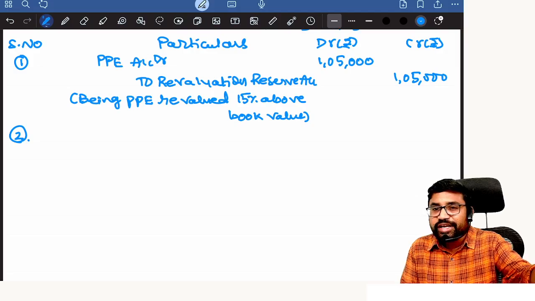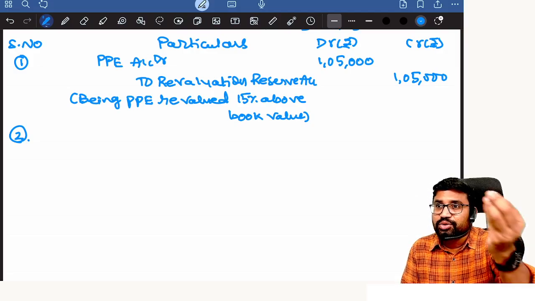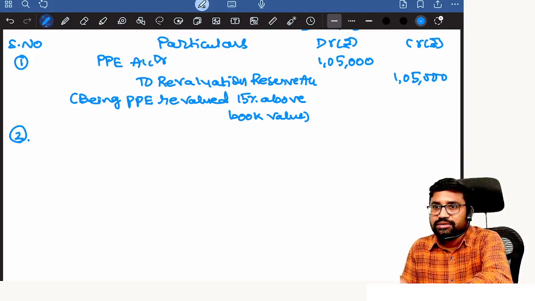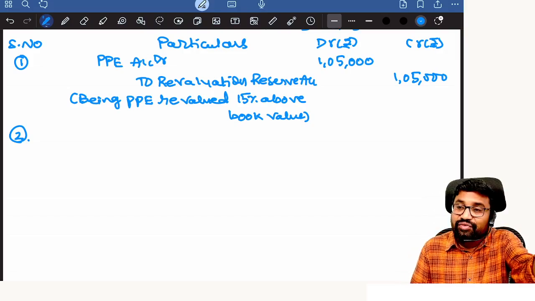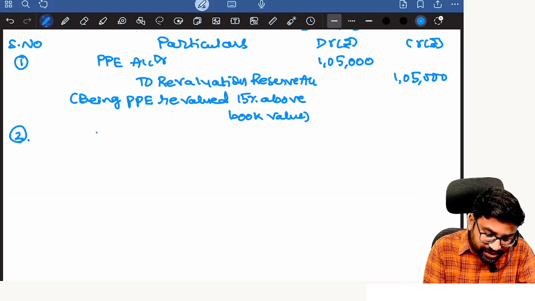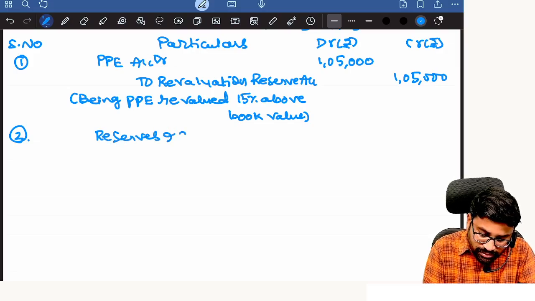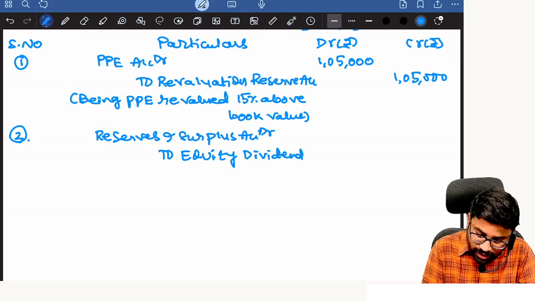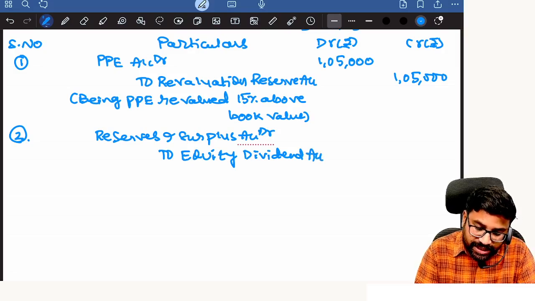So therefore the entry is reserves and surplus account debit to equity dividend account, generally because dividend is given from reserves.